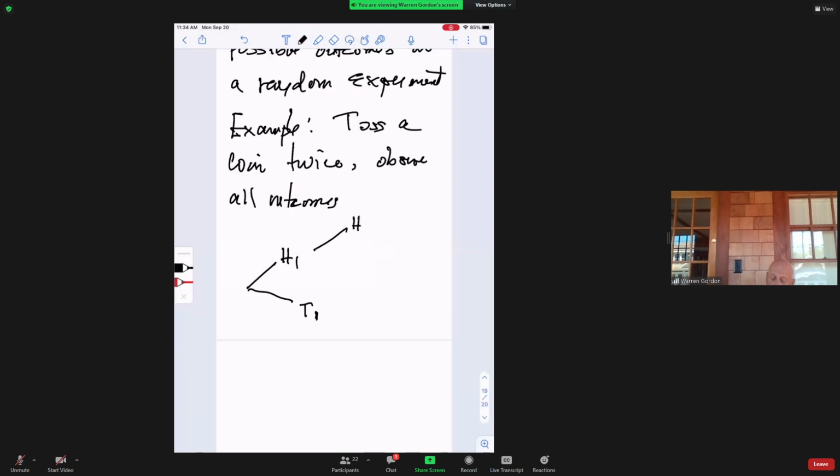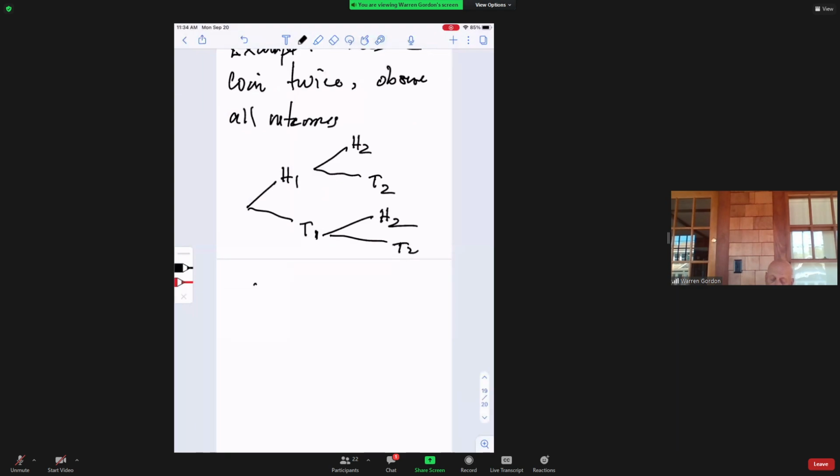On my second toss, I can get a head or a tail. So what can happen? I can get a head on my first and a head on my second, or a head on my first and a tail on my second, or a tail on my first and a head on my second, or a tail on my first and a tail on my second. So this would be my sample space in this experiment.